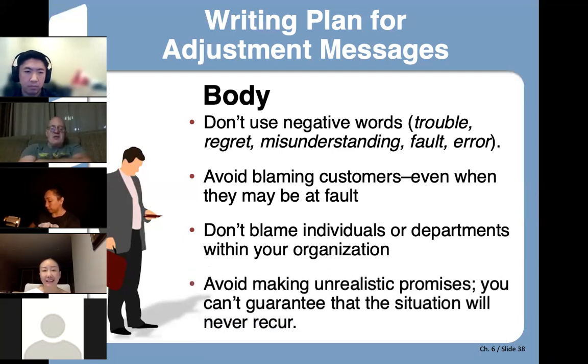Avoid making unrealistic promises that you can't guarantee. You know, I promise this will never, ever happen again. Like we just looked at, it was outside the company's control. They shipped it with a third-party shipper. Something happened during shipment that was not the company's responsibility, wasn't their fault.